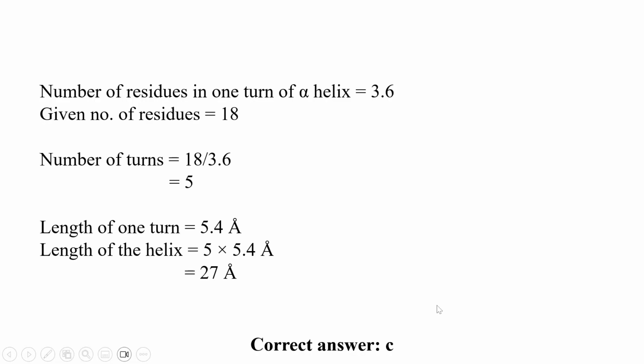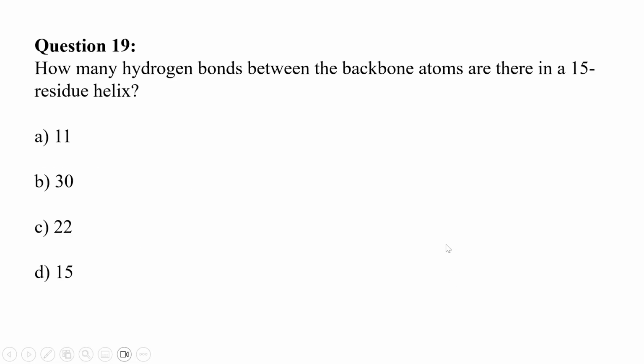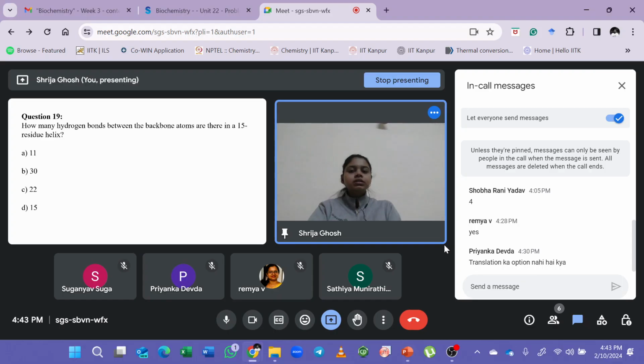That is the last question. So, question number 19. How many hydrogen bonds between the backbone atoms are there in a 15 residue helix? If you remember, in the previous class I told you where the hydrogen bonds form in an alpha helix. In an alpha helix, we have the hydrogen bonds between which two residues?